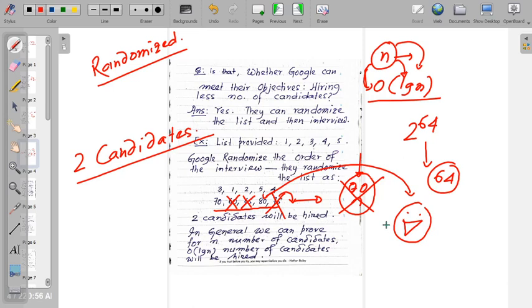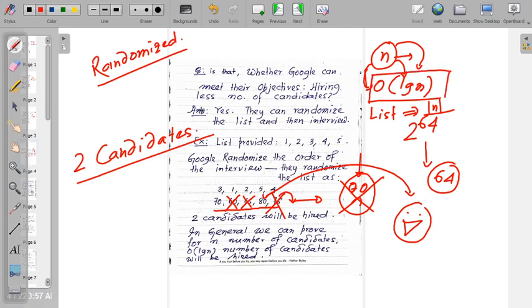And our claim was that if Google is having a list of cardinality n, that means n candidates to be interviewed, then if the list is randomized, Google can end up hiring order of log n candidates.